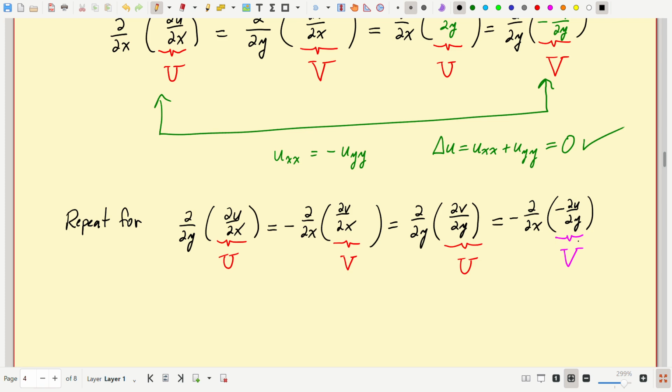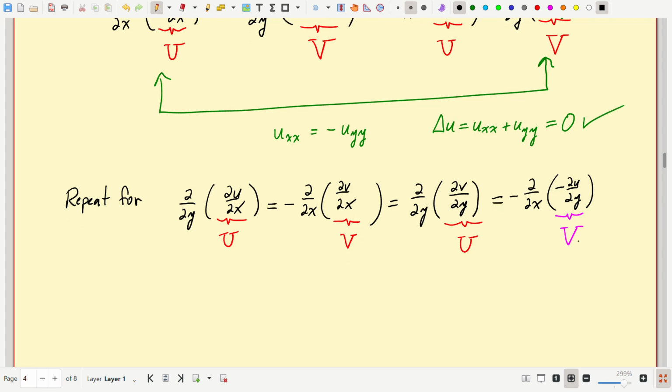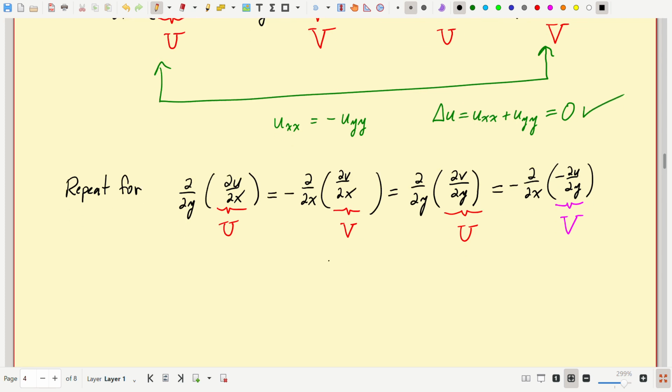So what do I need? Yes, I see it now. This one. That's going to give me minus dv dx dx. Anyway, it's just doing the Cauchy-Riemann equations twice.